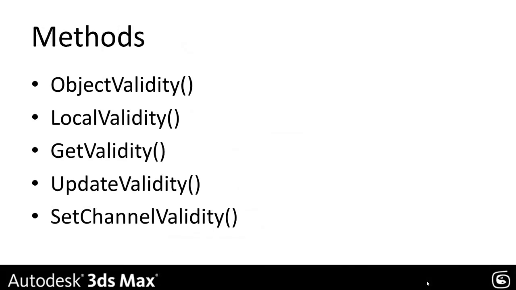So let's look at these methods and what they do. First of all, object validity is implemented by a plugin and returns the validity interval of the procedural object around the time passed. This is computed by the object starting at an interval of forever and then intersecting this interval with the intervals of each of its animated parameters. We saw that in the last diagram.